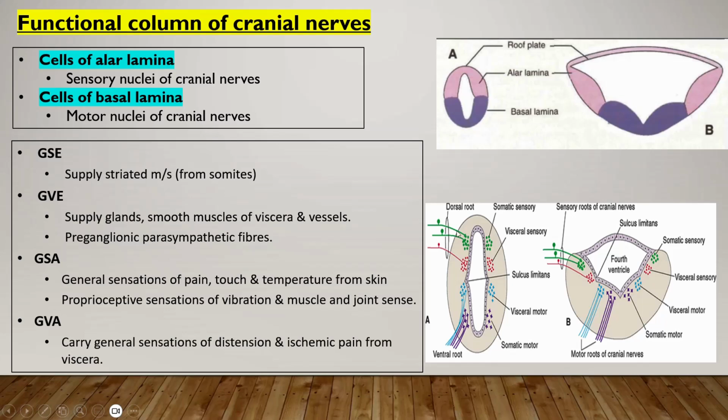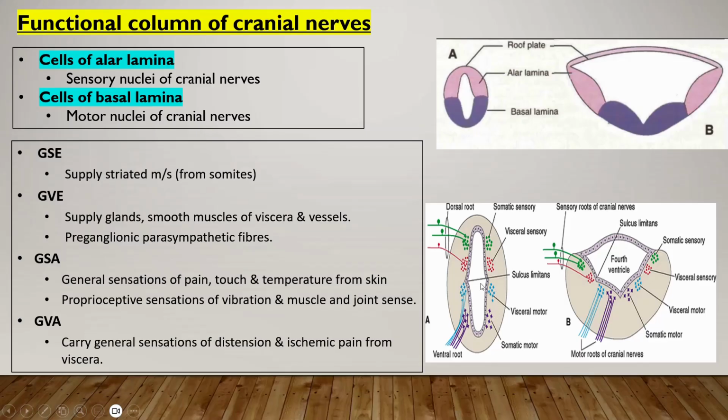So till now we have seen 4 functional column, 2 in the alar lamina, 2 in the basal lamina. In the alar lamina those are sensory, in the basal lamina those are motor.